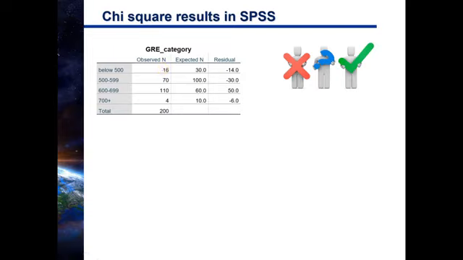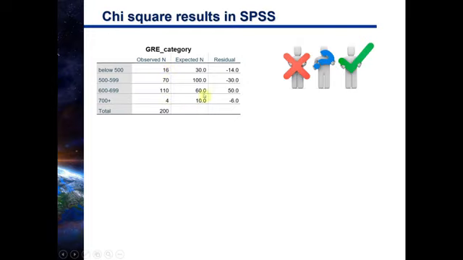But you counted people, so it's still a frequency. So the observed N is the same thing as the number of people in each category, in other words, frequencies. So it's always good to look at this table to make sure that you entered this data in correctly.